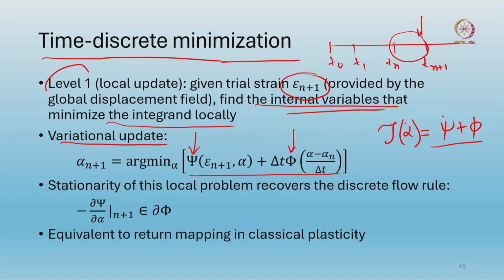Here in level 1 we need to do a local update. We have changed our functional, it is psi dot plus phi, the rate of change of the free energy plus the dissipation functional, which is a functional of alpha dot. And psi dot is a function of strain as well as alpha. Remember that phi is a function of alpha dot, not of alpha.